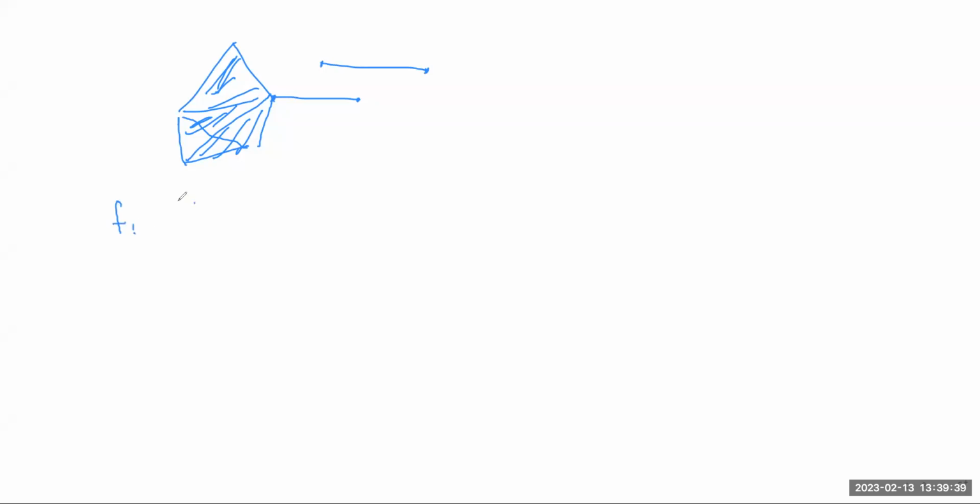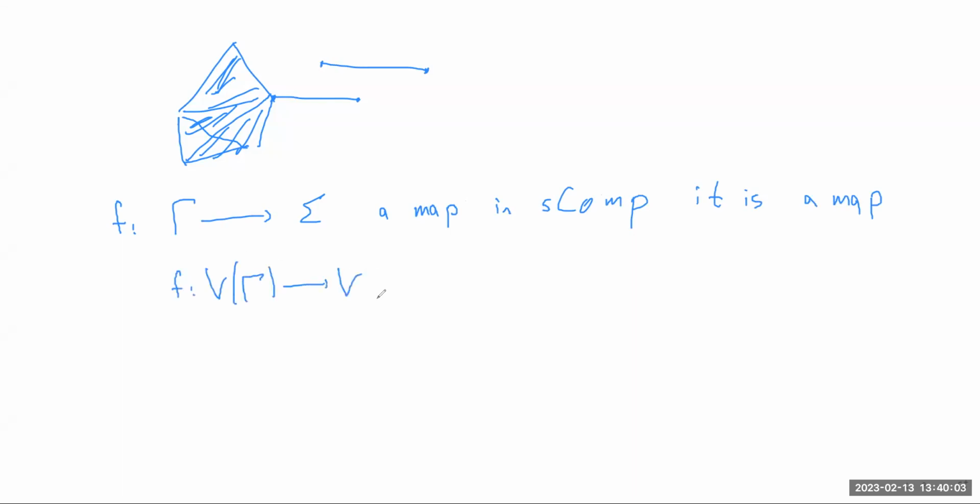A map between two simplicial complexes, in the category of simplicial complexes, is a map between the vertices such that if I have a simplex sigma, then applying f to all its vertices gives a simplex in the target as well. This is a map between vertices.